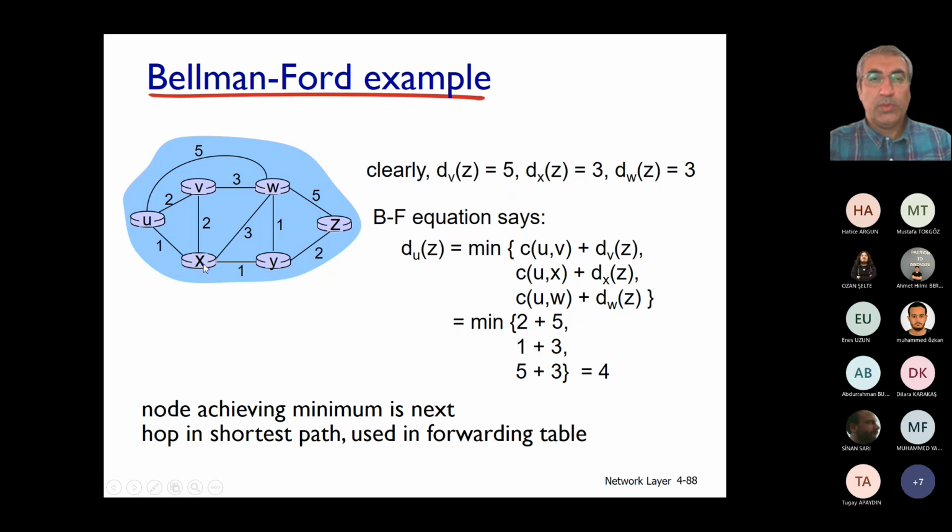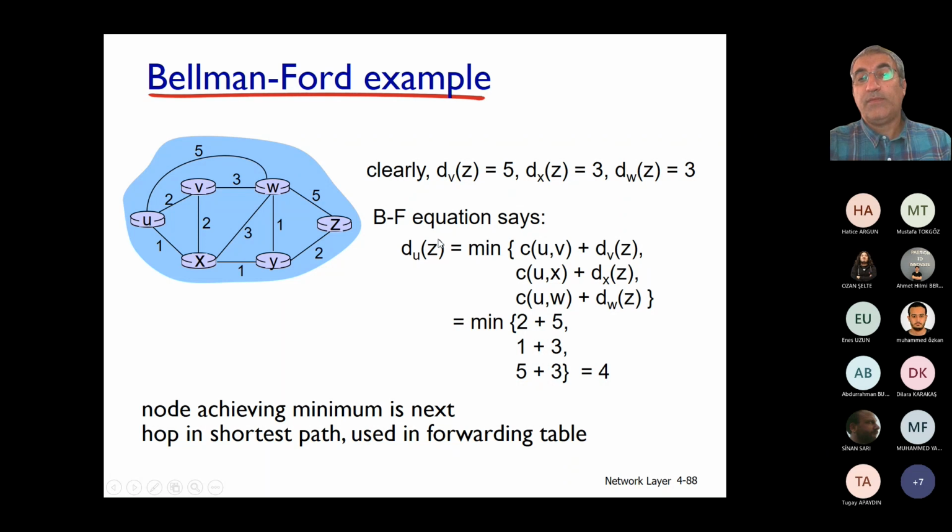The minimum one is 2 plus 1 plus 2, which is 5. dx(z) is equal to 3. That means from x to z is 1 plus 2, which is equal to 3. And dw(z), the distance vector between w and z, is the minimum one. There are 5, this is not the minimum one, there's 1 plus 2 through y, which is equal to 3.